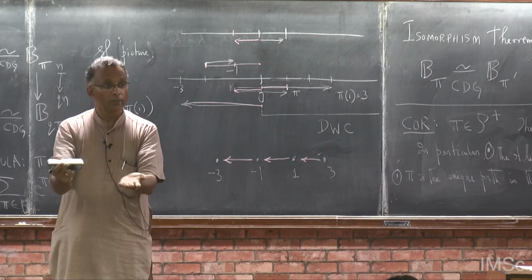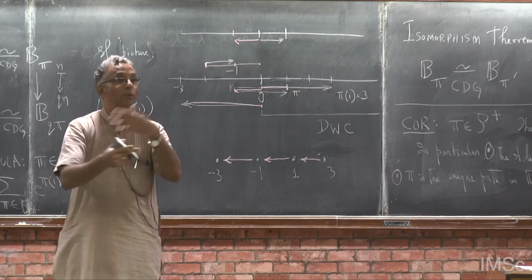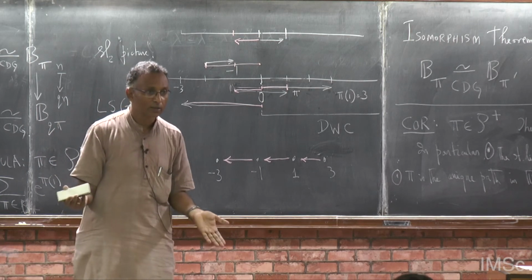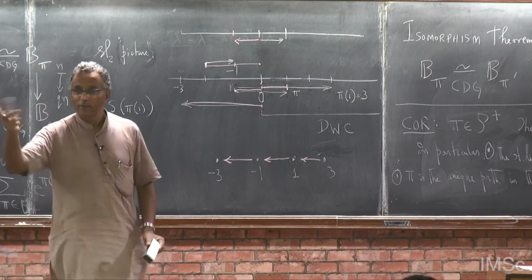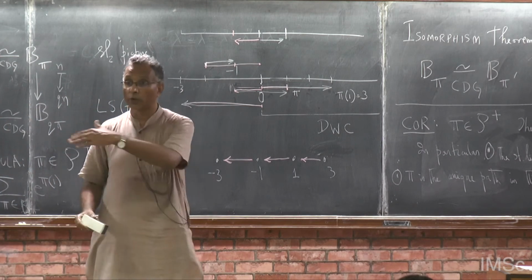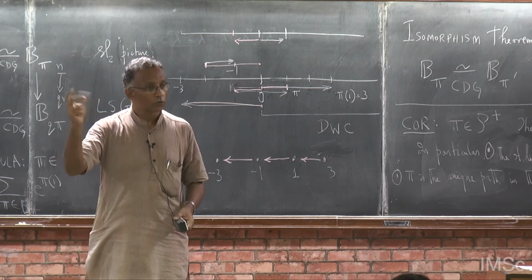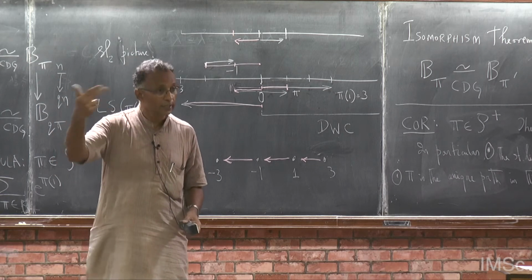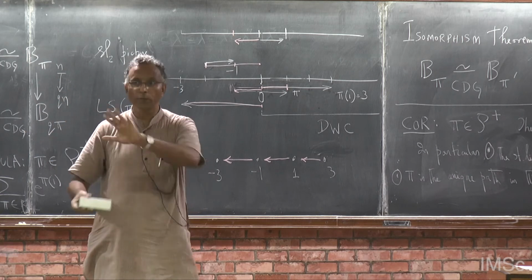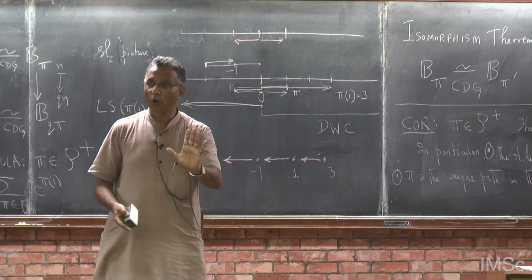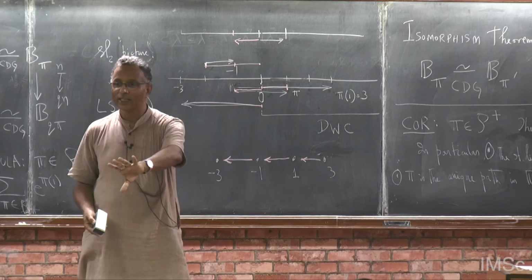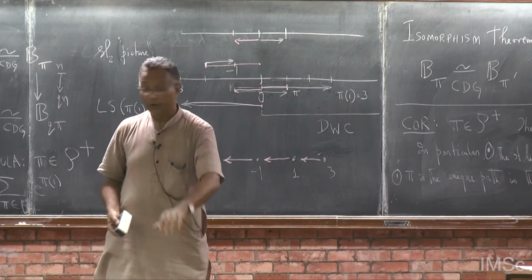So the number is given, but then you can put them in perhaps various orders, right? You could say instead of alpha 1, alpha 2, you could take alpha 2, alpha 1. There could be ever so many, these do not commute, remember? So there could be ever so many things which produce that. Some of them could be 0, right? Some of them could vanish, but the point is there are only finitely many that are there. So this makes sense.